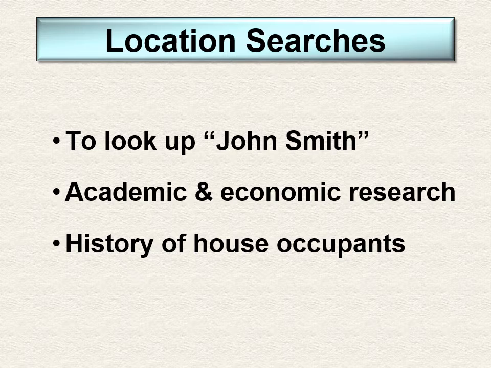In large cities with lots of John Smiths, it might be easier to look up someone by address. People who do academic and economic research often don't care necessarily about the name of the person. They're interested in the location. And surprisingly, for the 1940 census, a number of people were using it to find out the history of their house, about who lived in it 70 plus years earlier.